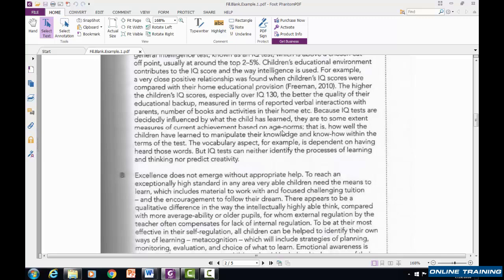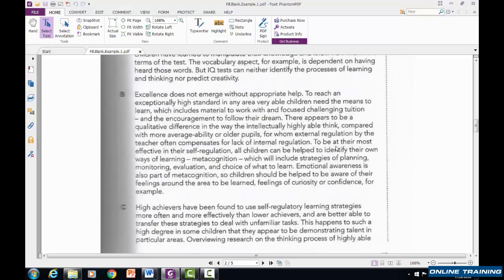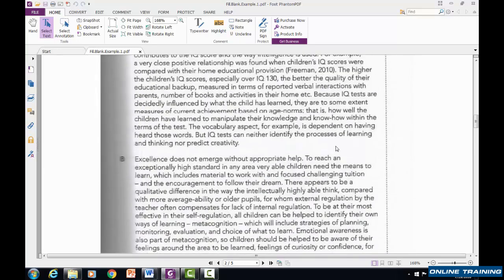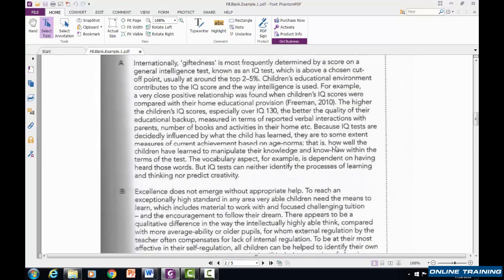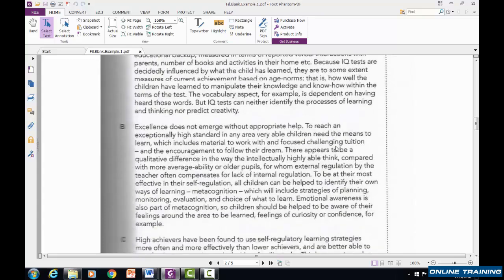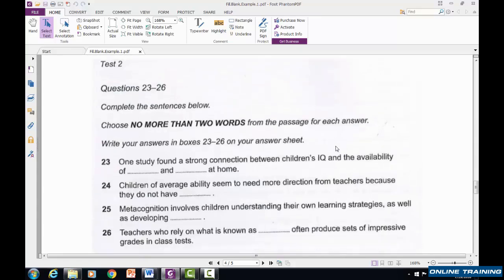Okay, so now let's move on and see if we can find number 25. All right, let's go to the question. Here's number 25. Metacognition involves children understanding their own learning strategies as well as developing.